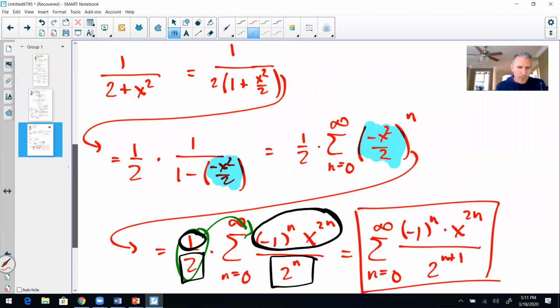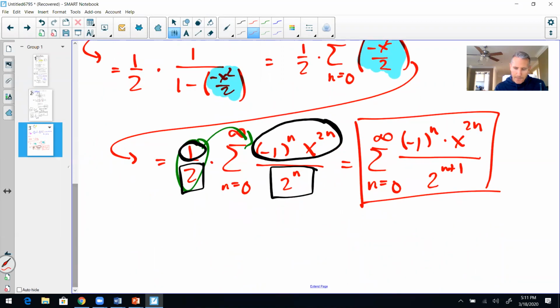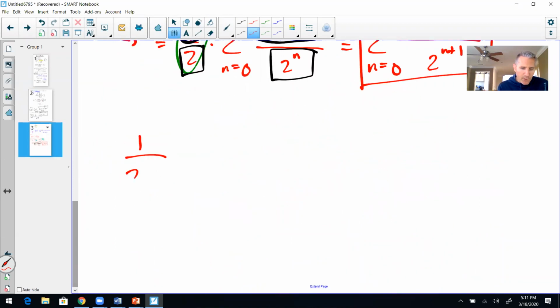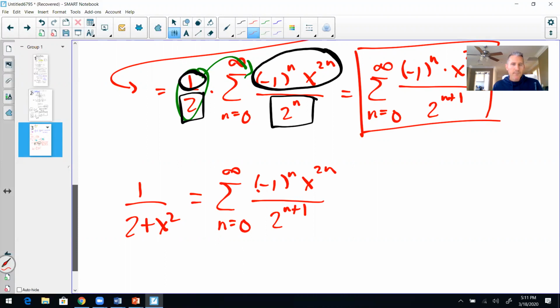So let's go back and say, wait, what did I start with again? Oh yeah, 1 over 2 plus x squared. So 1 over 2 plus x squared is exactly equal to the summation as n goes from 0 to infinity of negative 1 to the n times x to the 2n over 2 to the n plus 1.